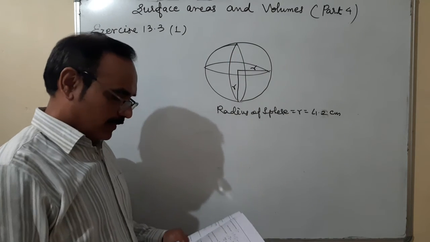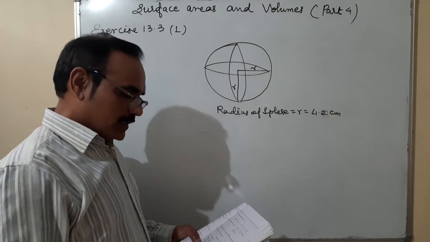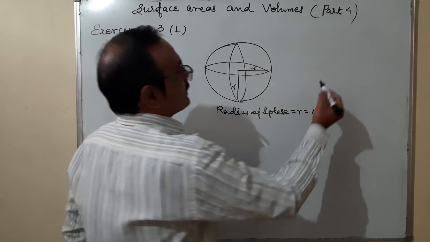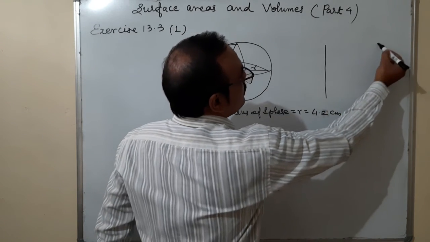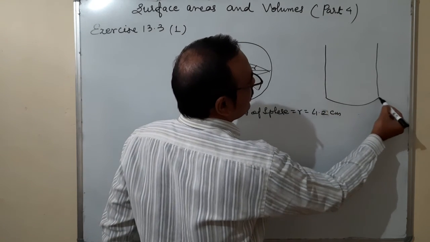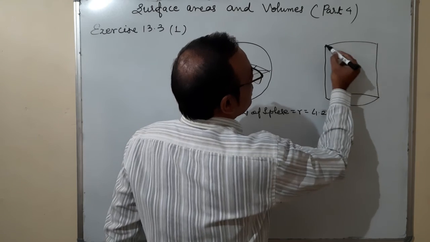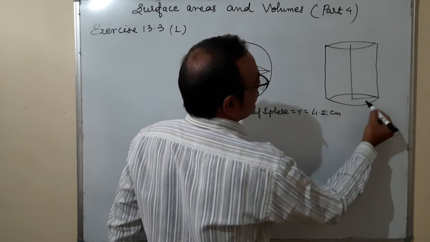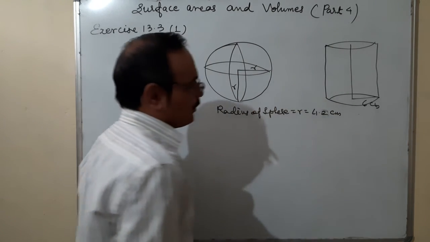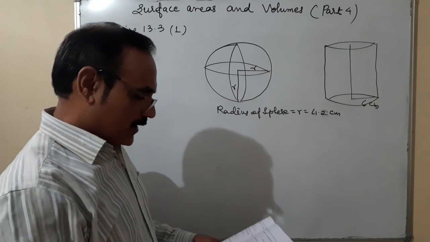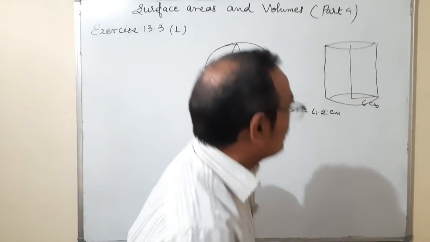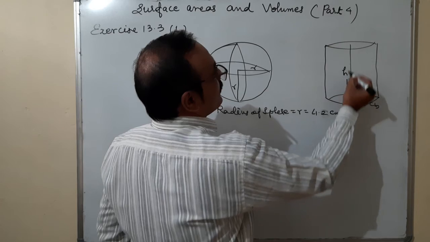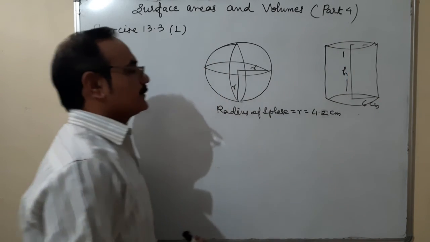It is melted and recast into the shape of a cylinder. Cylinder of base radius 6 centimeter. Find the height of the cylinder. This we are going to find out.